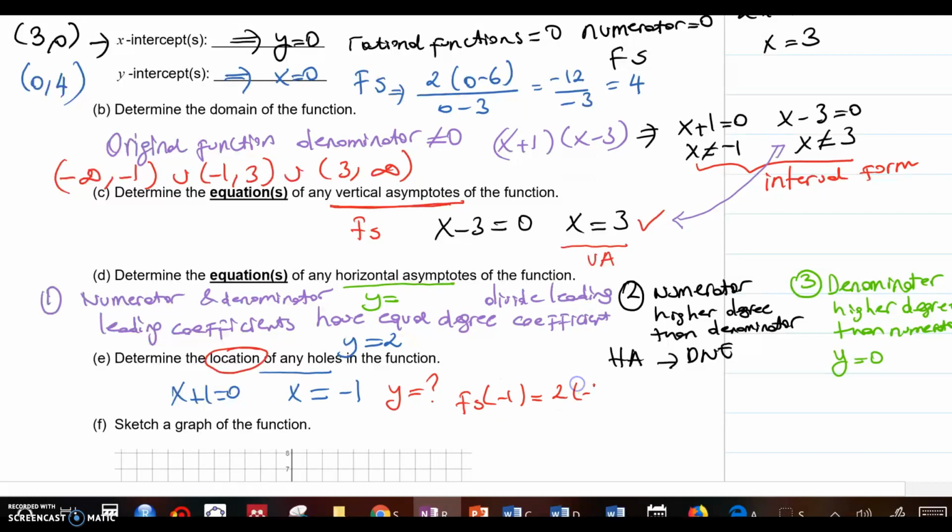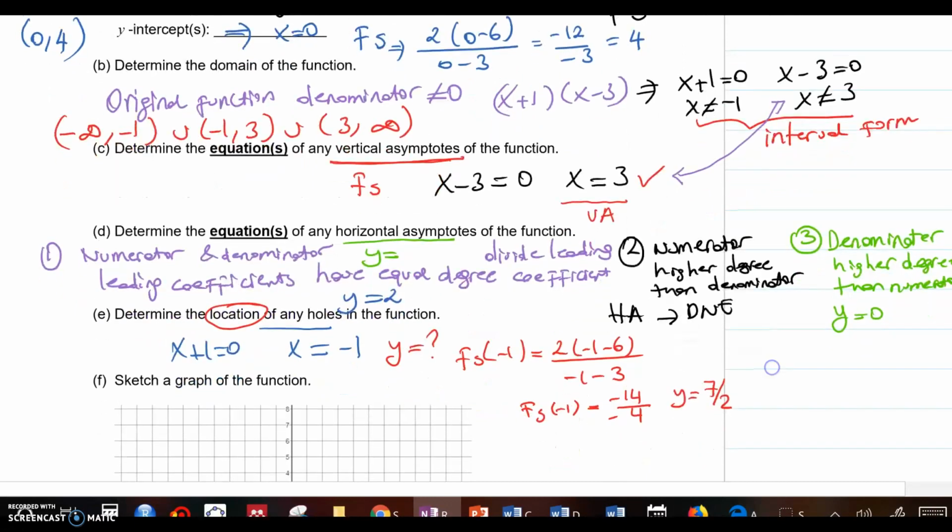So 2 times -1, -6 divided by -1, -3. So with the simplified version, -1, we're going to have -14 over -4. So y value will become 7 over 2.